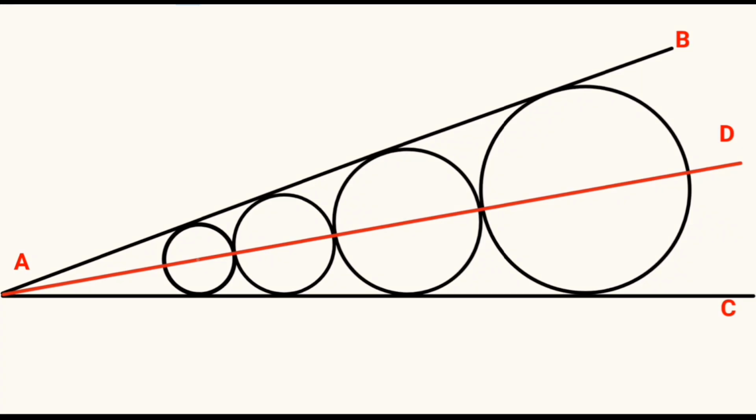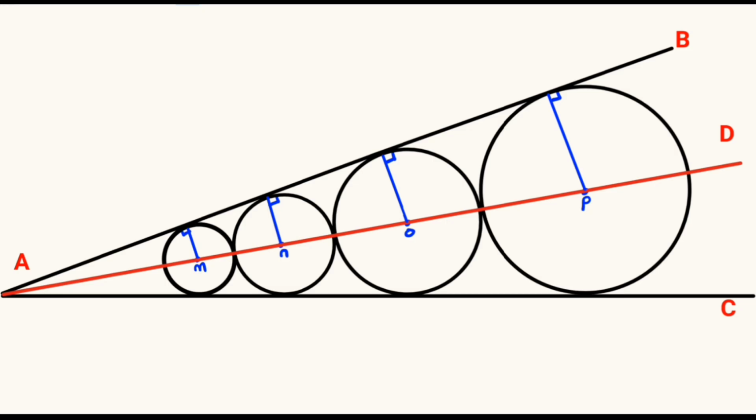We are going to name the center of the first circle as center M and that of the second circle as center N, and we name the center of the third circle as O and that of the larger circle as P. We introduce a radius from the center P to the point of tangency, where we know that the angle will be equal to 90 degrees, and from the center O to the point of tangency we also have 90 degrees, introducing another radius from the center N to the point of tangency, and finally from the center M to the point of tangency.